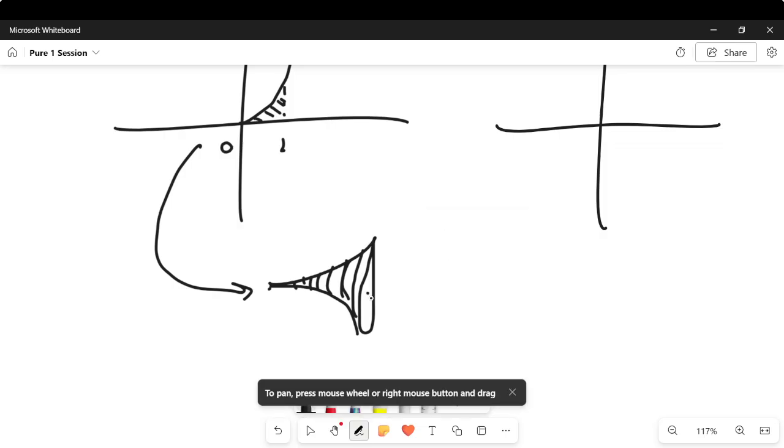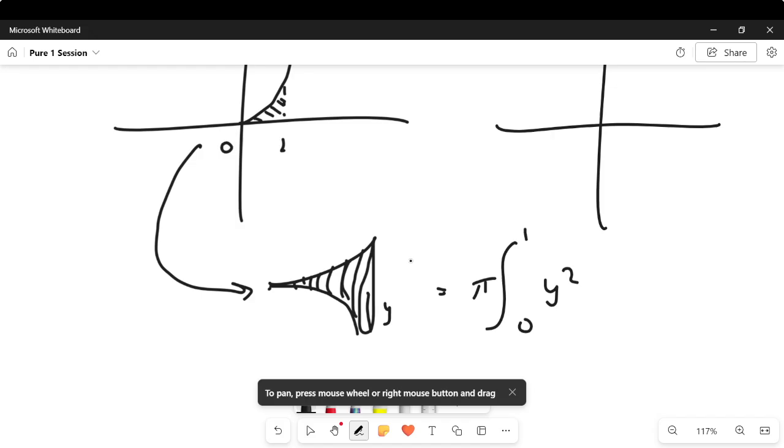As you can recall, the area of a cross-sectional circle is just pi r square. In this case, because it's about the x-axis, the radius is simply y. So you just do the integral from 0 to 1 of pi y square. That's how you'd go about this easy case.